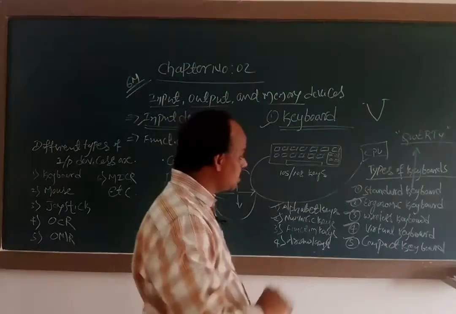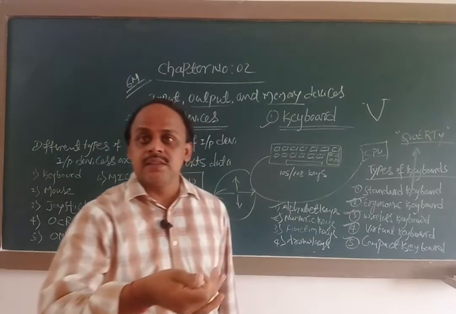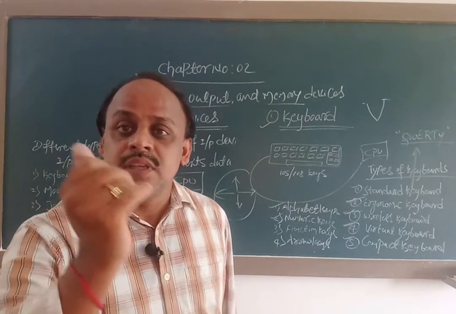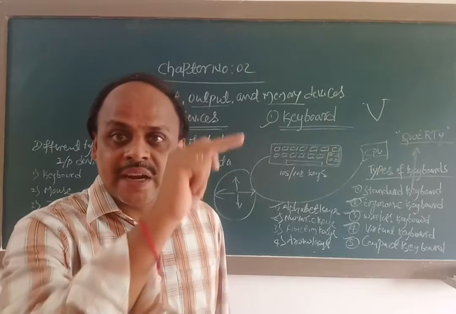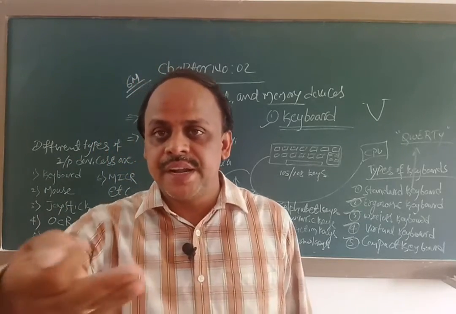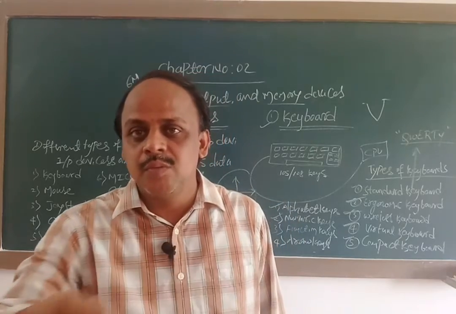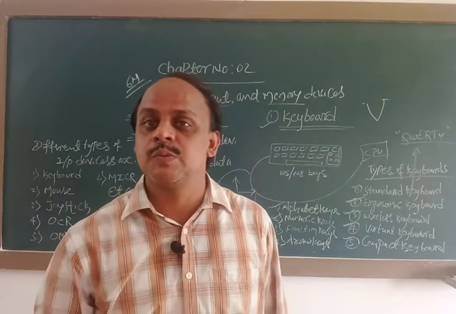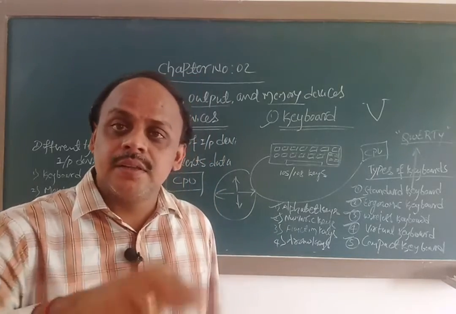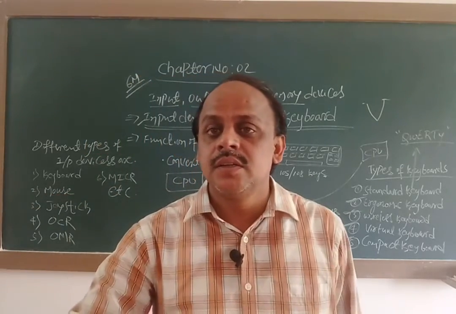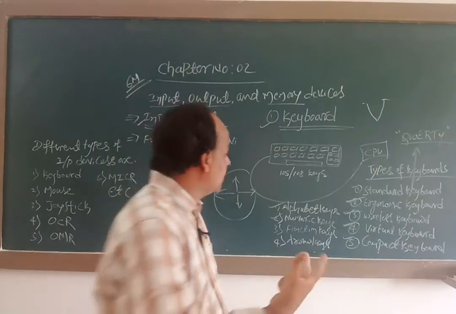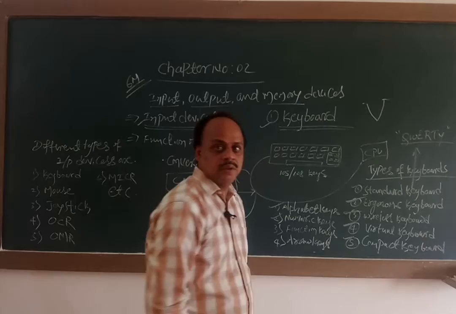Whenever the CPU is on, with the help of keyboard software, one keyboard is displayed on a flat surface in front of the user. One keyboard image is displayed. After displaying the image, we can use that image just like a wireless keyboard.